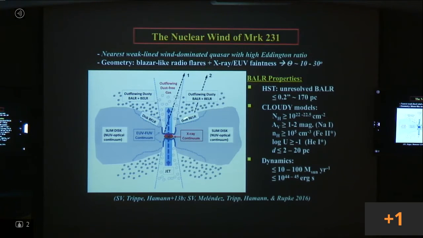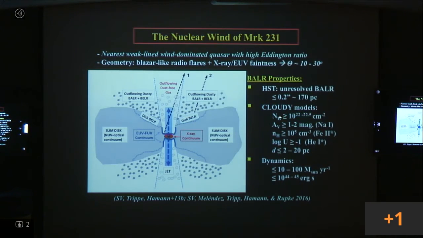So in this picture, there's the standard broad emission line region that is in the disk. But there's also this outflow, and this is what's producing the absorption lines in the optical and near UV. But we don't see it in absorption in the far UV. These clouds are actually emitting in the far UV. So we use Cloudy to constrain some of the parameters of these clouds.